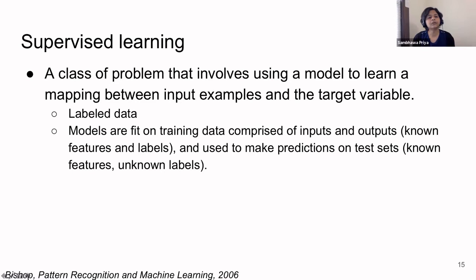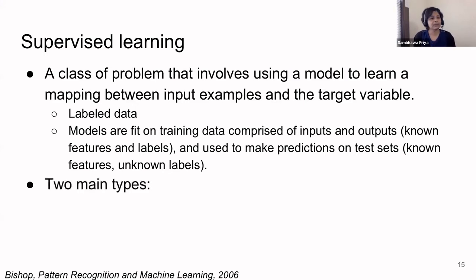It is then used for making predictions on the test set, where the features are known but the labels are unknown, and that's what you want to find out: what category or what sort of continuous variable corresponds to the set of samples where we don't know the labels.